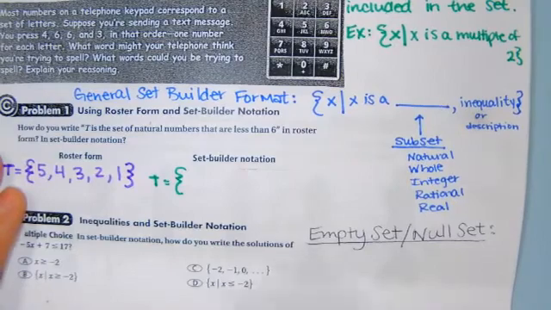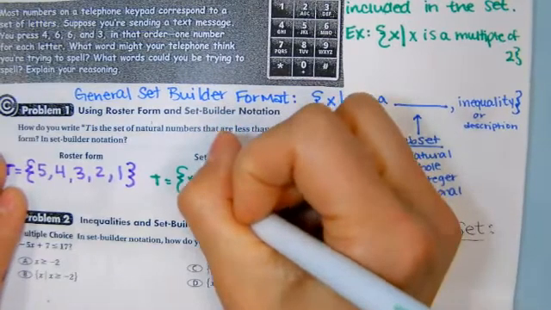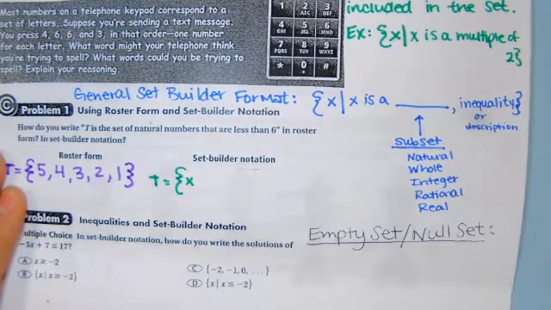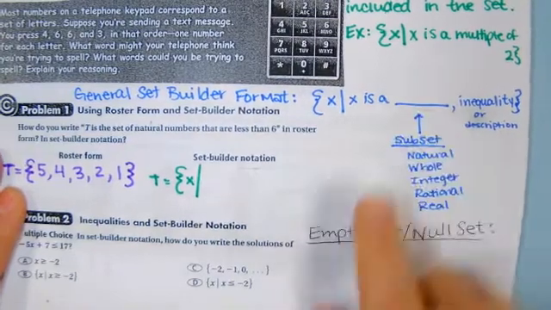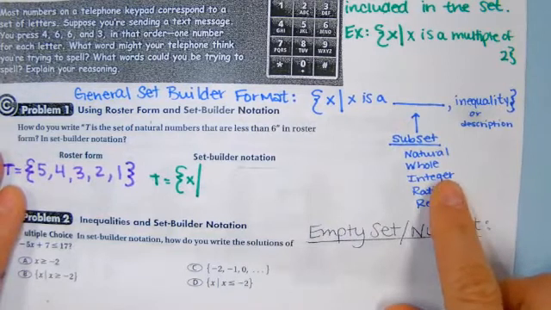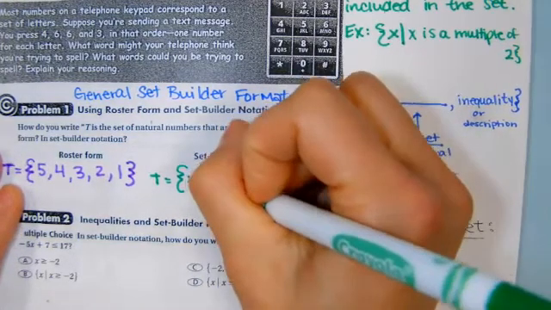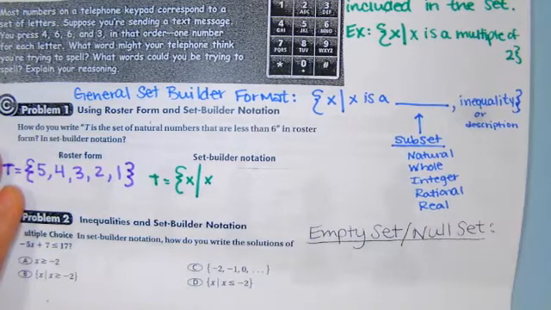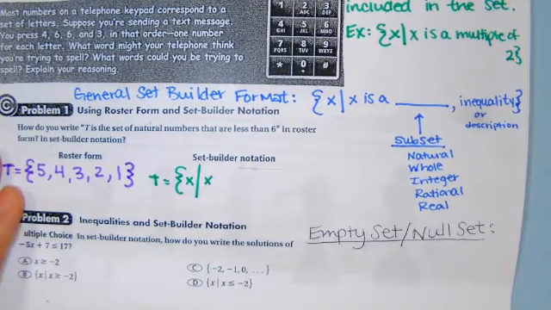Call a variable, a lot of times we'll just use x. So our variable we're going to say is x. And then we're going to separate that, and we're going to list what it is. And now I'm going to show you a symbol instead of using the words.